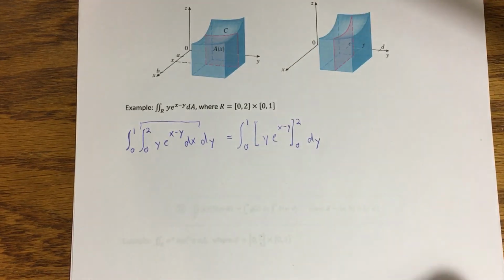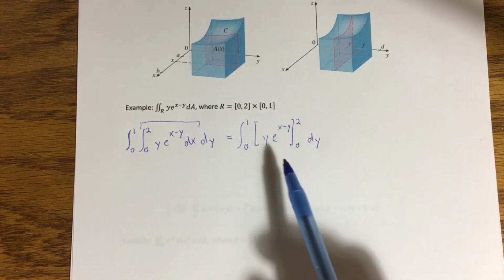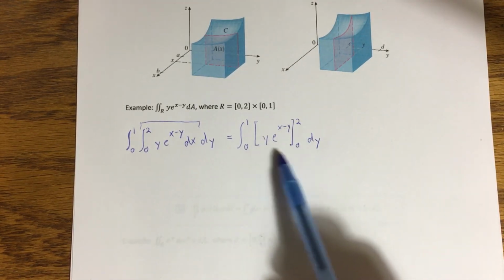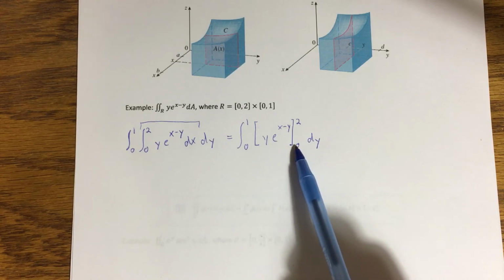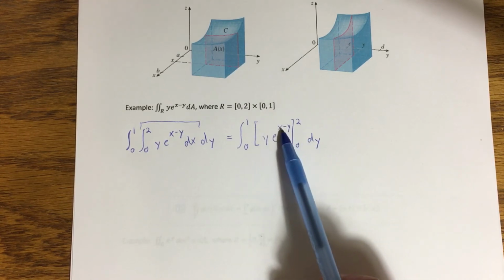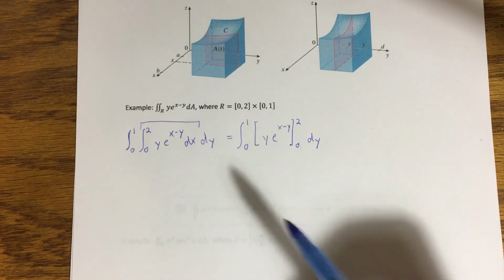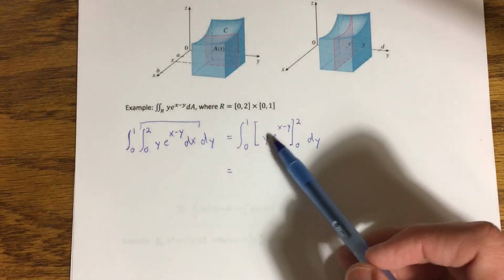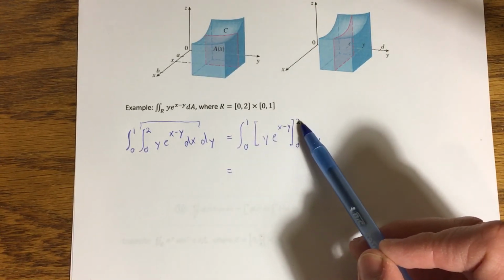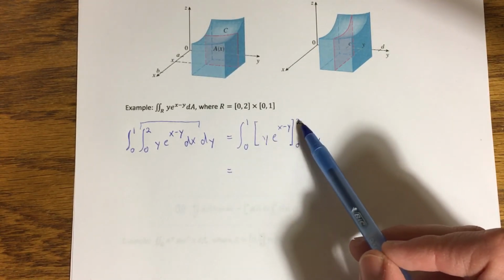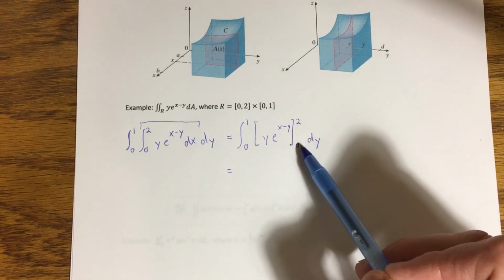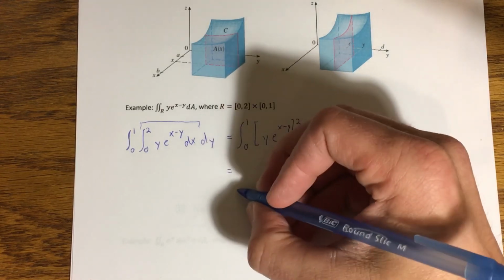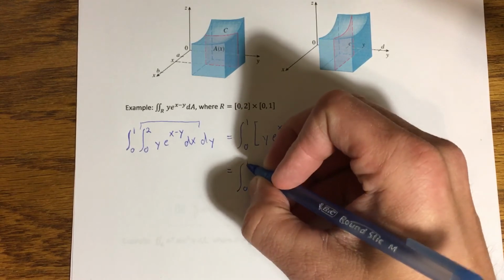There's my dy. Now if we were to evaluate this from 0 to 2, notice if I plug a 0 in, where these are x values, so this should all correspond to what I'm plugging in for only that x. The y's are considered constant here. So if I were to do this the way I do any definite integral, plug in the 2, and then subtract what I get from plugging in the 0, I'm going to end up with this integral here after some simplification.